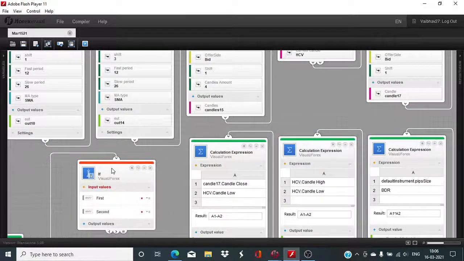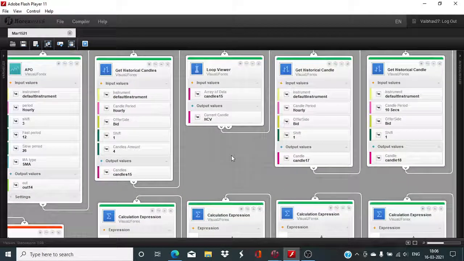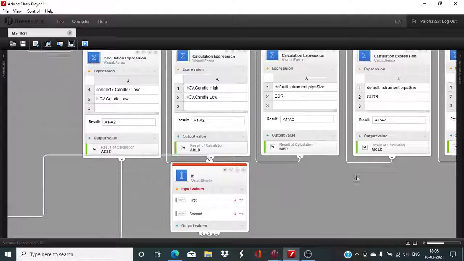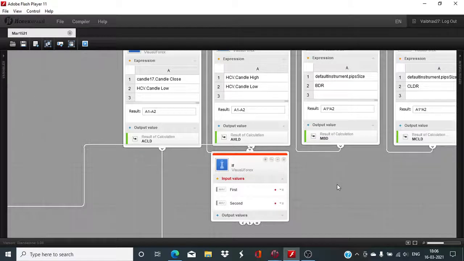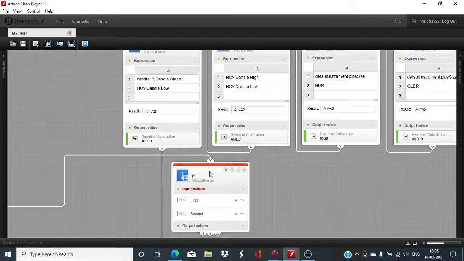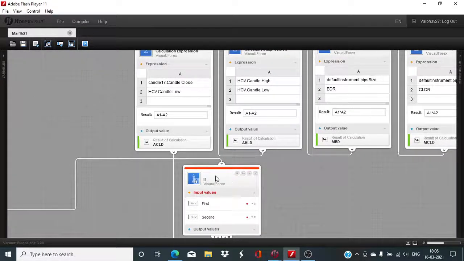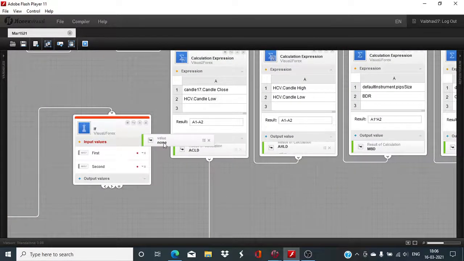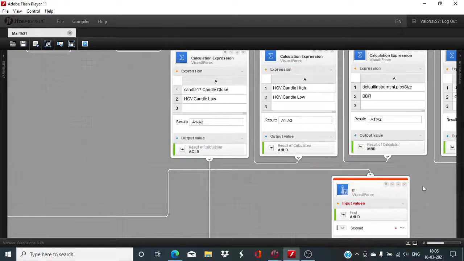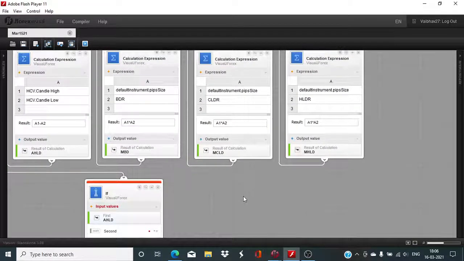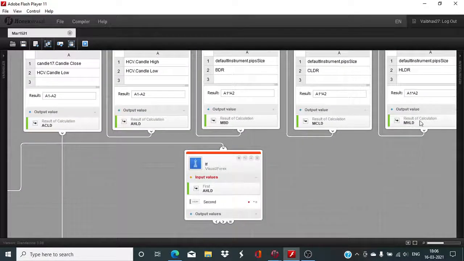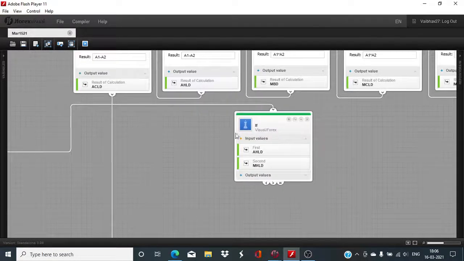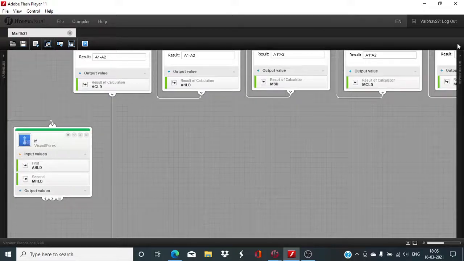Then we look at the price action, and for that we have defined certain requirements where we want a good enough price difference between the highest and the lowest price. For that we will be using this actual difference and compare it with the minimum requirement. First input here also greater than second input.